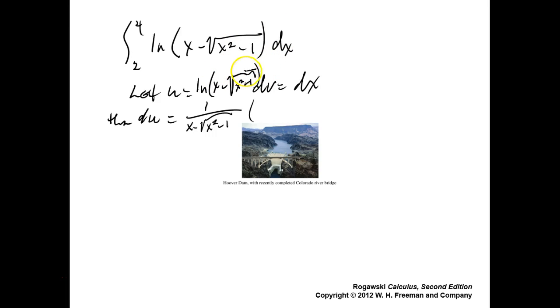Here's what I would suggest, writing this as x minus x squared minus 1 to the 1/2 power. And take the derivative of that then. So we take the power in front. Okay, yeah, but first, what's the derivative of x? It's going to be 1.